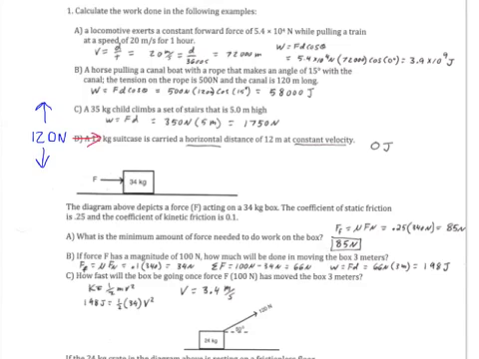The diagram above depicts a force F that's acting on a 34-kilogram box. The coefficient of static friction is 0.25. The coefficient of kinetic friction is 0.1.